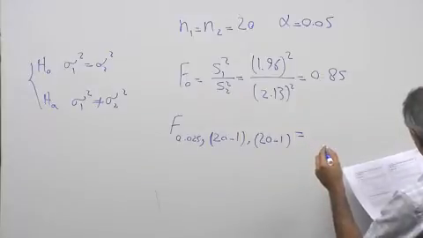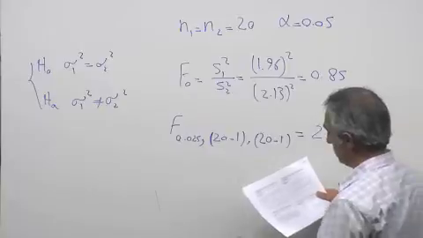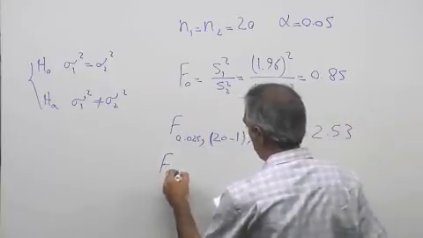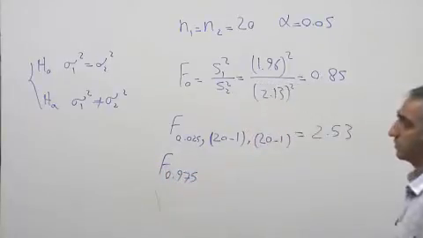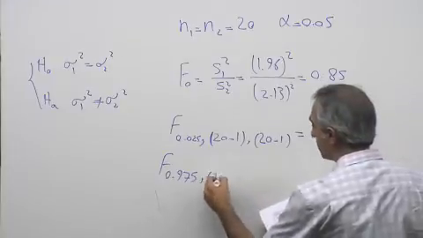This is 2.53. And we also need to find this one, 1 minus alpha over 2, with the same degrees of freedom.